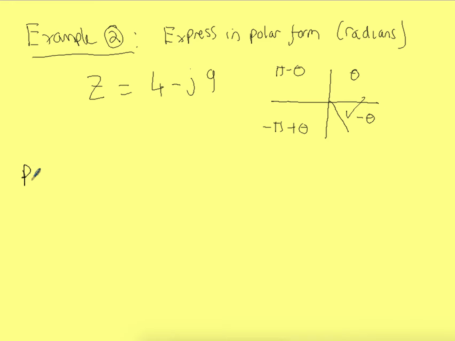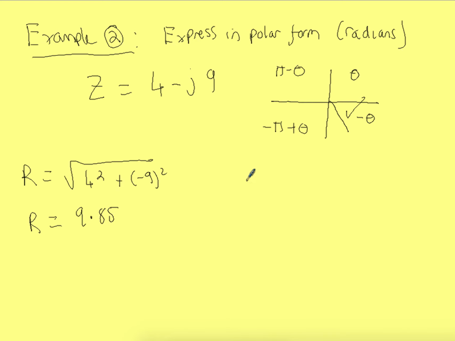Right. So r equals the square root of 4 squared plus negative 9 squared, which gives me square root of 97 or 9.85.